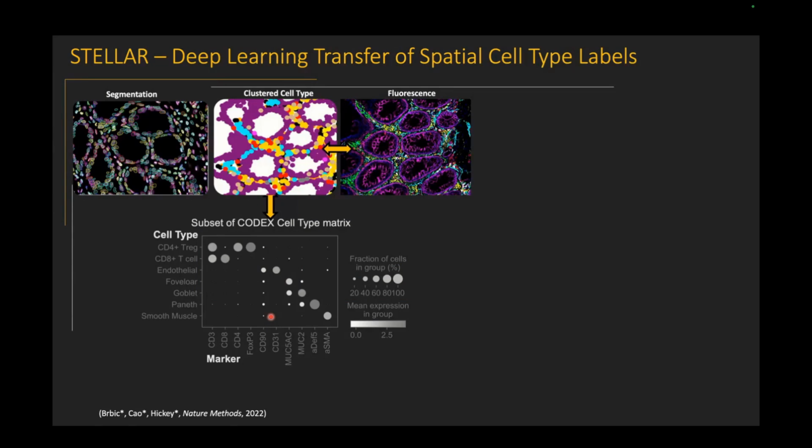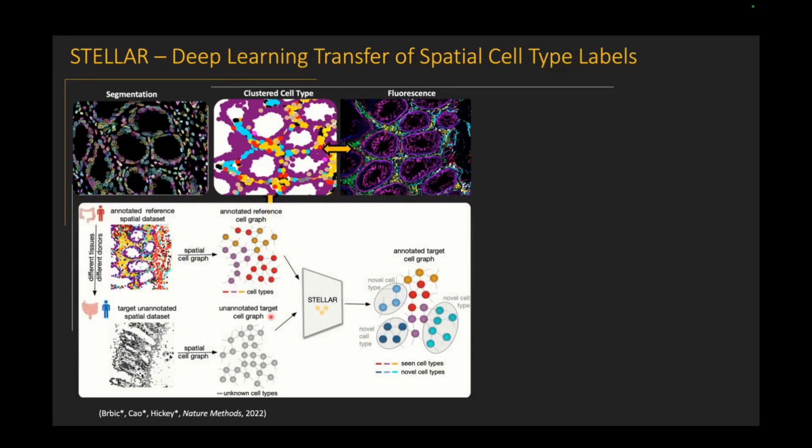And so we reached out to them, and we developed this algorithm called Cellular, which essentially takes in this multiplex spatially defined cell data set, where we've already labeled some of our spatial imaging data with the cell type labels as a tissue graph. Basically, each node in this graph represents an individual cell, and then it is connected via edges to other nodes or other cells by its nearest neighbors within physical distance.